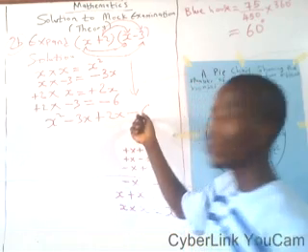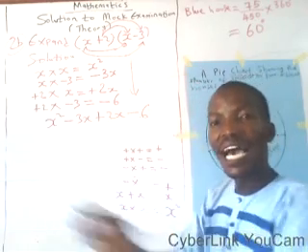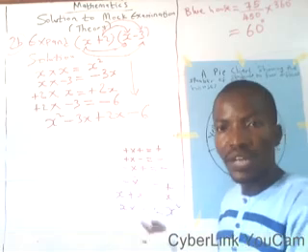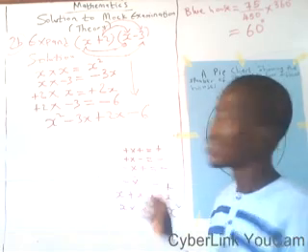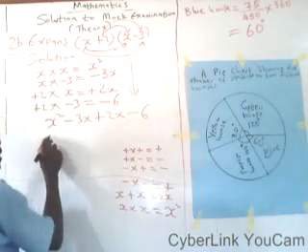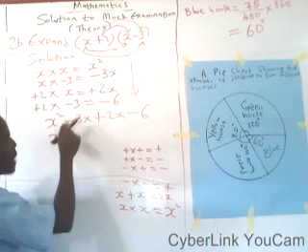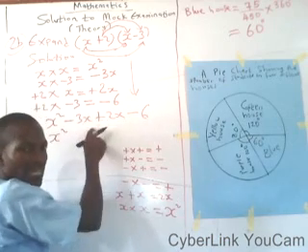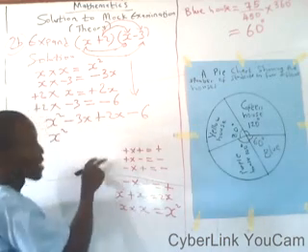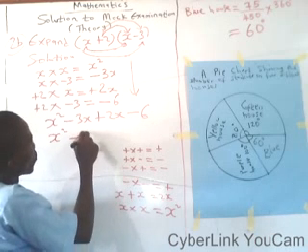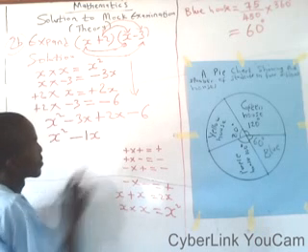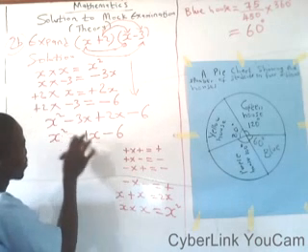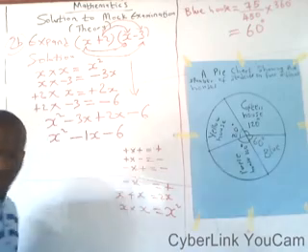Where there is another element without any alphabet at all, that one will also stand on its own. In that case, we now have x squared, minus 3 plus 2, which will give us minus 1x, minus 6.